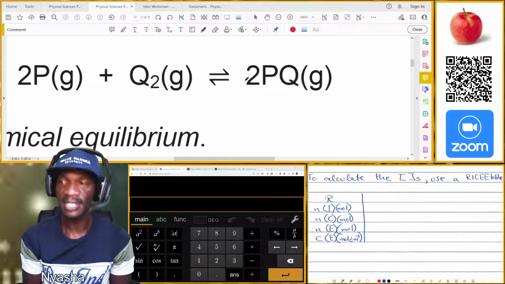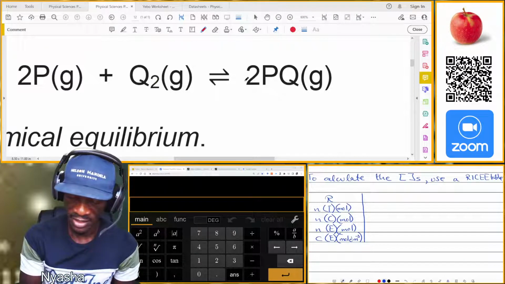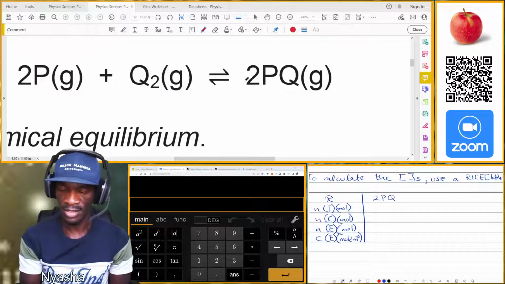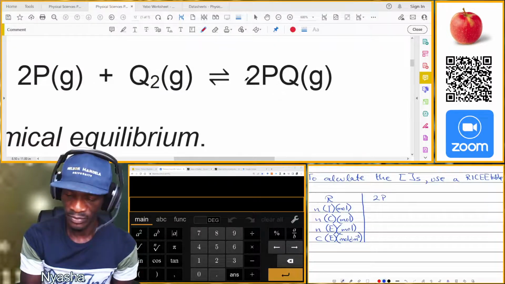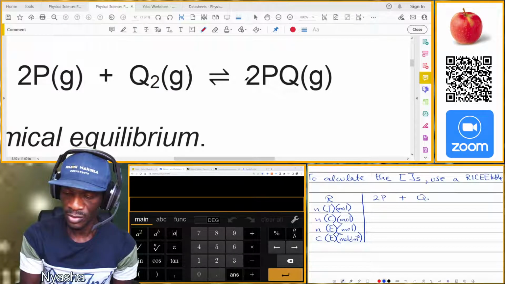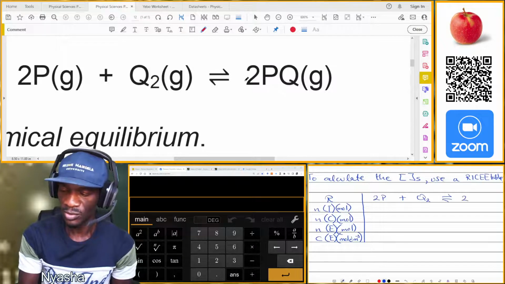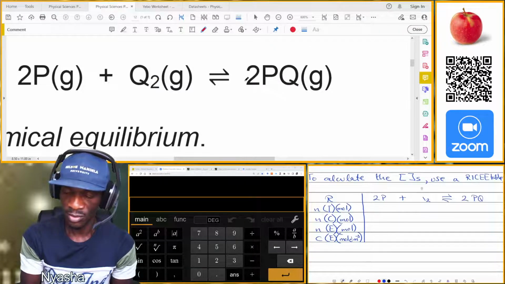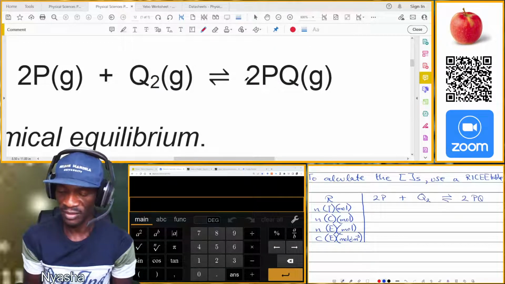Right, so let's state the chemical reaction first. So we have 2P, we don't need to write the state or the phase, plus Q2, and this will form 2PQ. So all we need there are those coefficients.